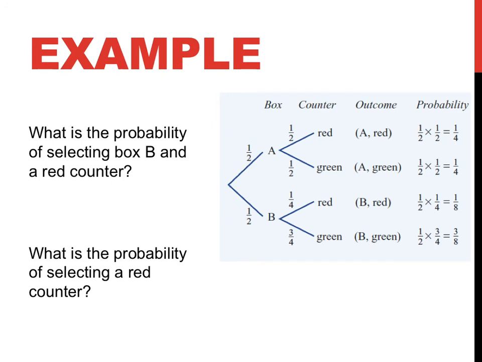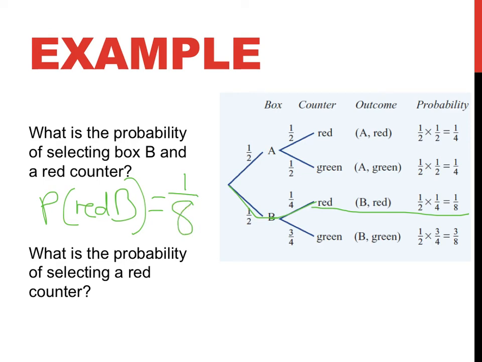If you're then asked what is the probability of selecting box B and it being a red, it's super easy. This is the probability of overall getting a red from B. You just follow the tree: B, red, 1/8. Now, the probability of selecting a red counter.